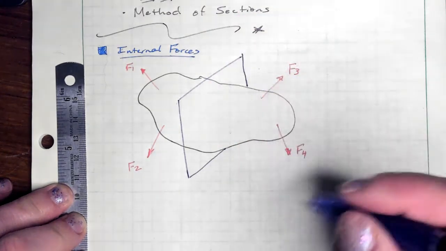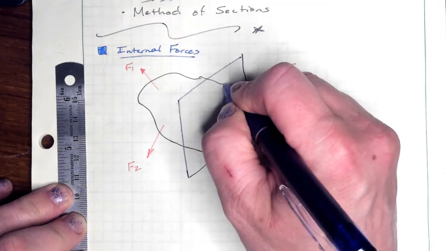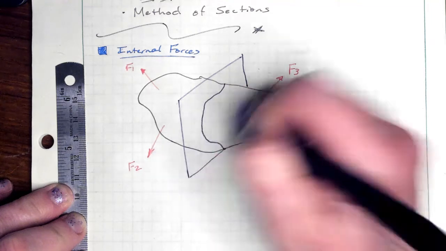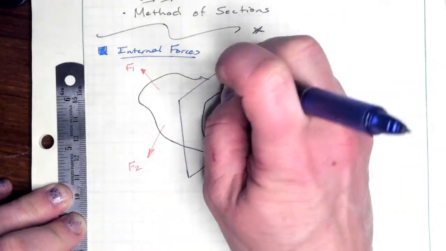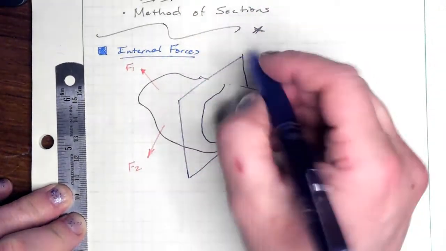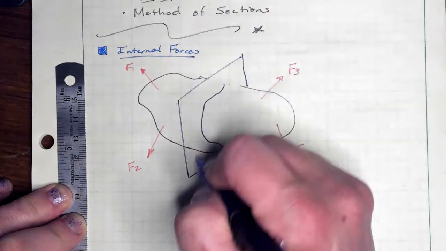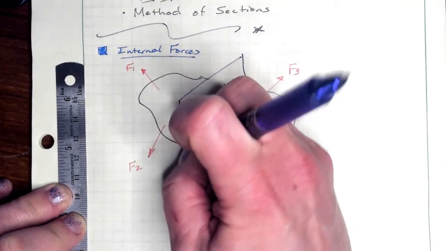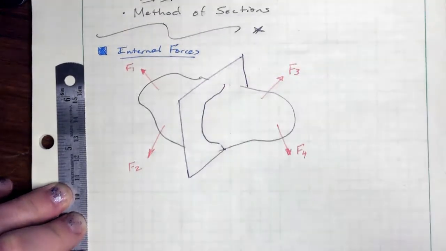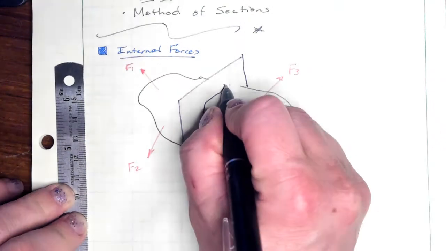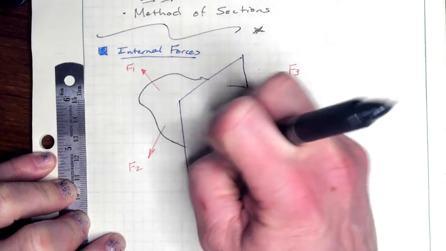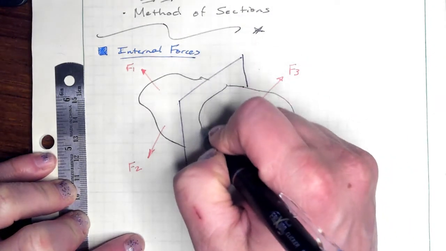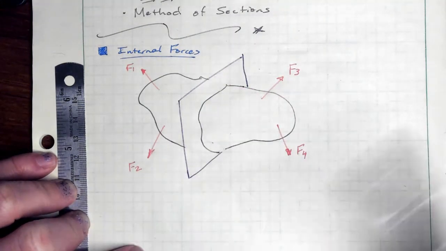Okay, so I'm going to make some things disappear. Actually, this should have been black. Okay.